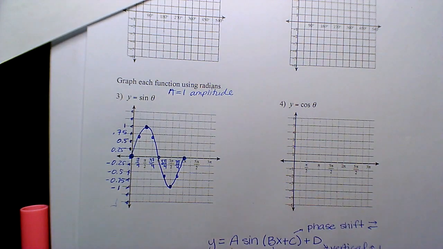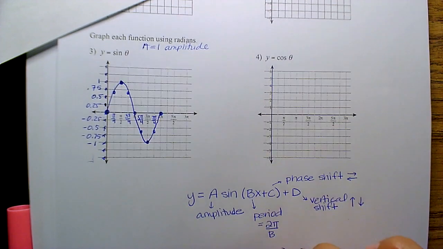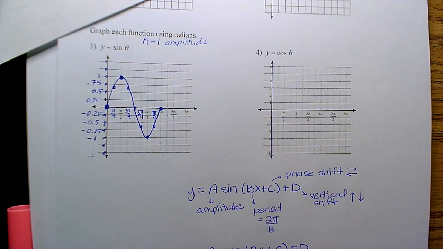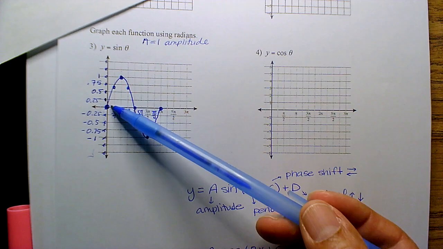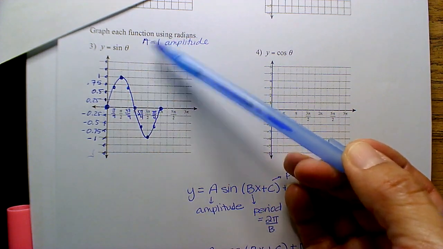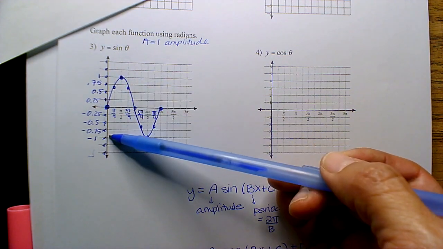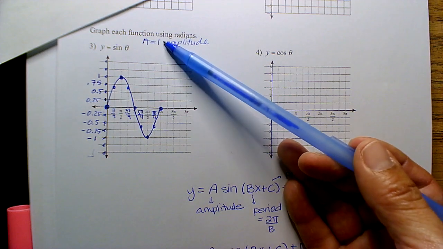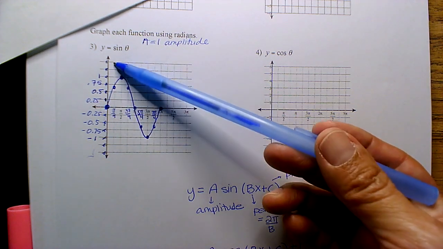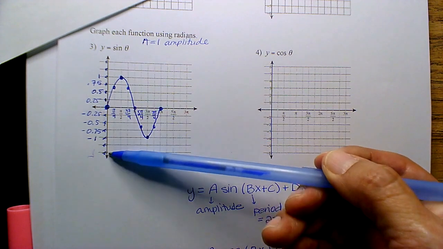Okay, what does the amplitude do? Your amplitude is your max and min. So because your amplitude is 1, you're only allowed to go 1 off of the origin. At 0 radians, I'm at 0. So if this amplitude is 1, I can only go positive 1 to negative 1, high, low, 1 unit away. If my amplitude was 2, I would go up to positive 2, down to negative 2.